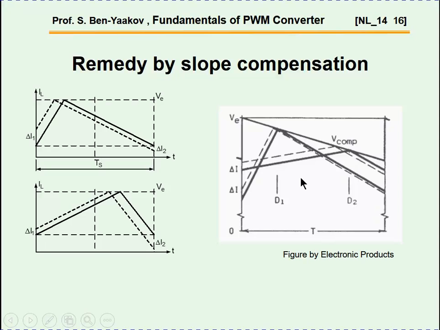And again, one can show by some simple geometrical calculation that in this case, for duty cycle smaller than 1, if you start with some delta I, you will end up with a smaller delta I. And even if the duty cycle is larger than 0.5, you'll start with a delta I, and you'll end with a delta I which is smaller. So this system is stable, and no subharmonic oscillation will be generated if you add this slope compensation to the V sub E.